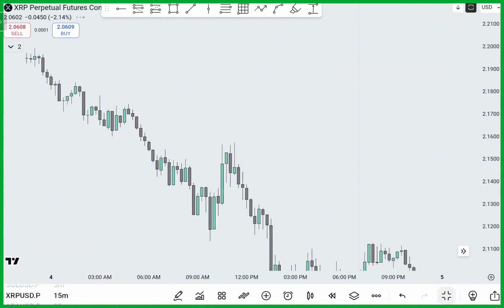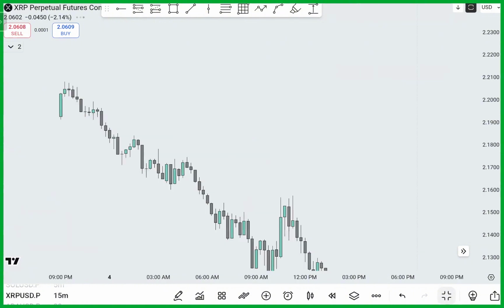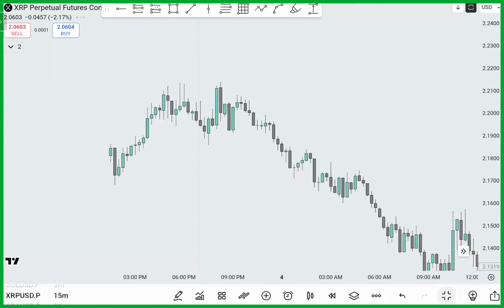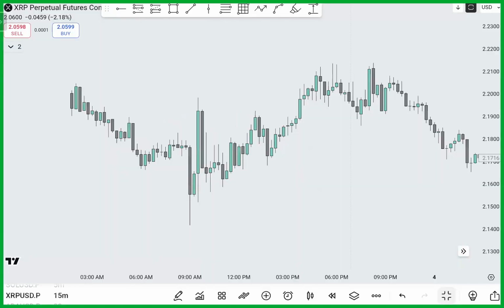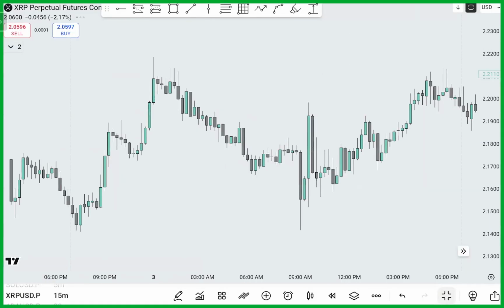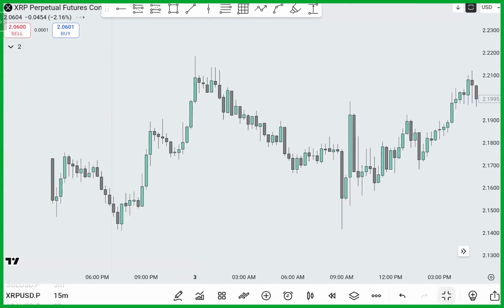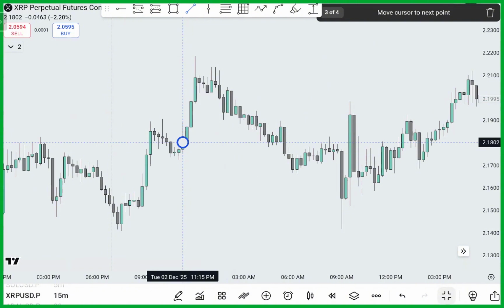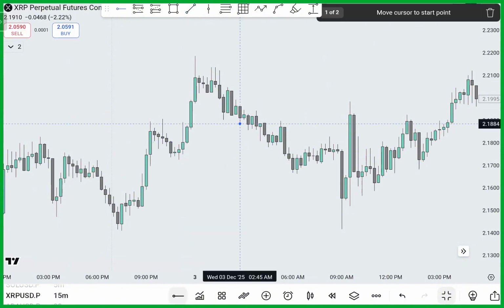They are very rare, but the good thing is you have understood how to spot them on your charts. Very, very rare. Check here. This one. Check here. This scenario here.